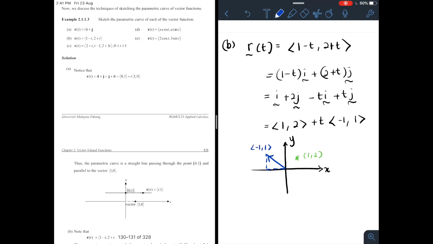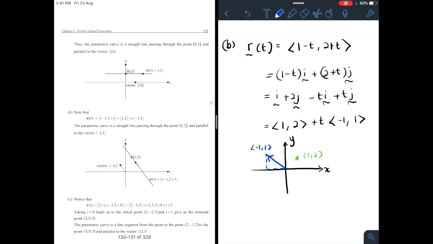When you sketch the parametric curve, make sure your parametric curve is parallel to vector (negative 1, 1). Therefore, the best way to illustrate this vector function is with this kind of direction. So that's how you sketch a parametric curve based on the vector function given to you.